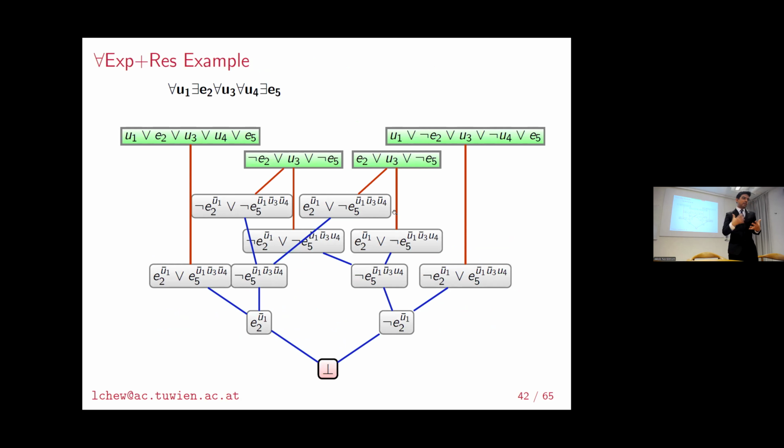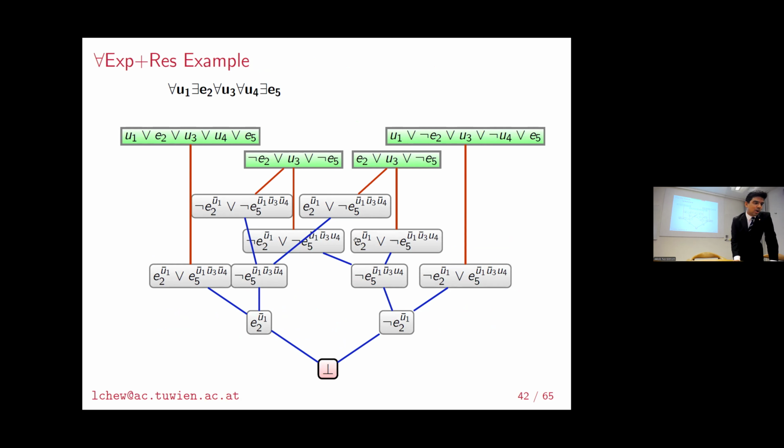Okay, so this was our example for expansion plus resolution. If we look at these particular axioms here, we get two different copies of them when we do our axiom rule, which we use in the resolution proof. And then, using them, we derive very similar clauses later on. We derive these not E5 singleton clauses with these different annotations.